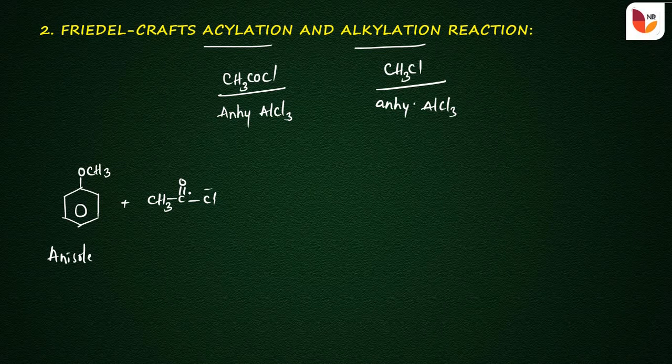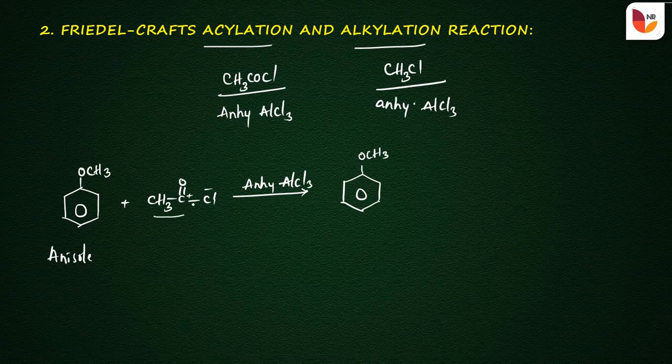Here halogen has negative charge, carbonyl carbon has positive charge, so the electrophile is CH3CO. So this is called the electrophile part, and the reaction takes place in the presence of anhydrous AlCl3, which acts as a catalyst. So the product is a mixture of ortho and para substituted products.